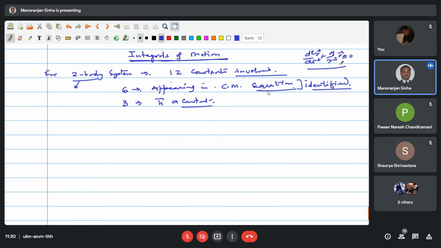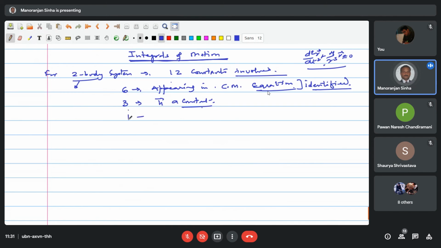In this form we have written. So from here we get another 3 constants. This is in a relative sense, and also in the combined sense you will get H is a constant because it's free from external torque also. The system is free from external torque and therefore H remains a constant. So 3 constants are identified.